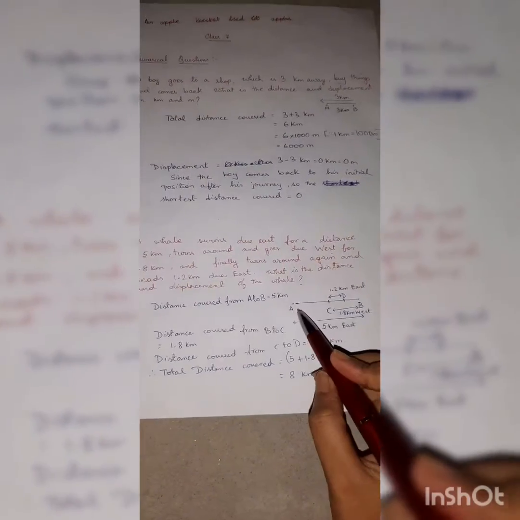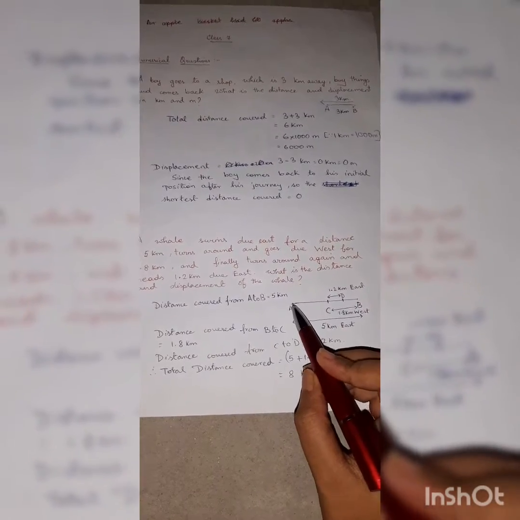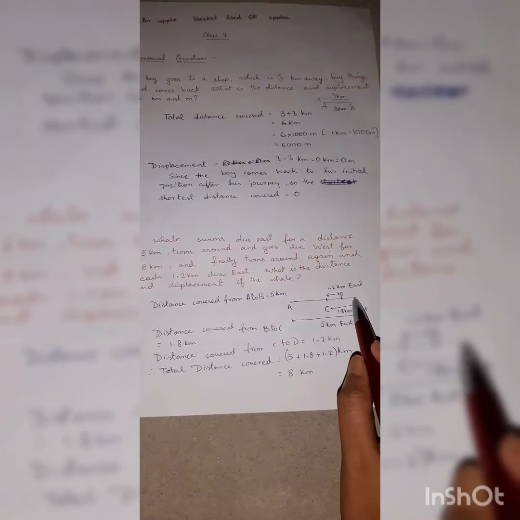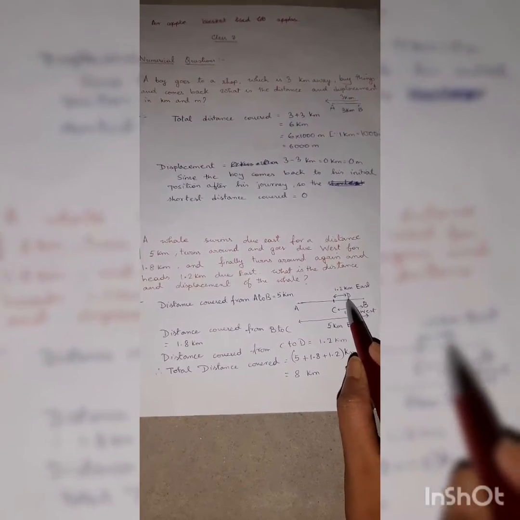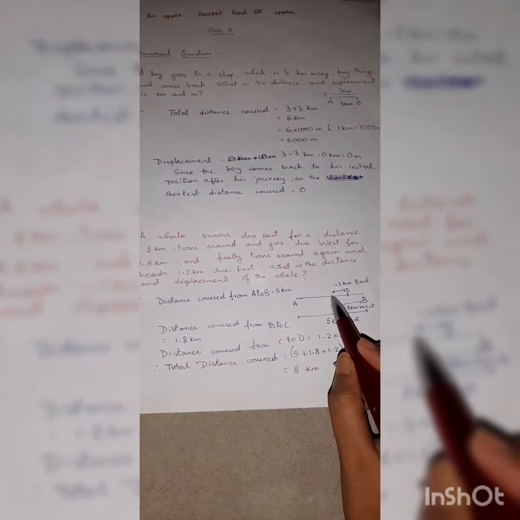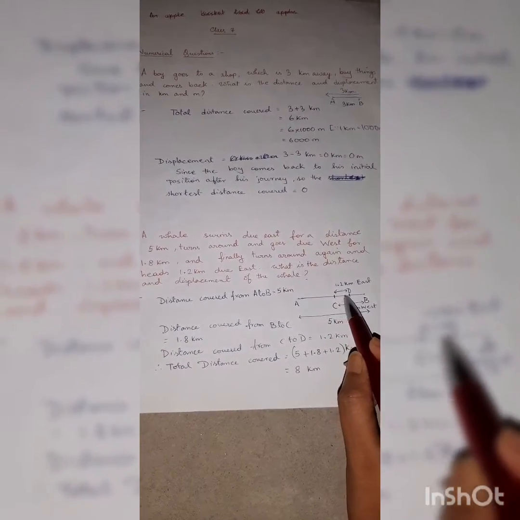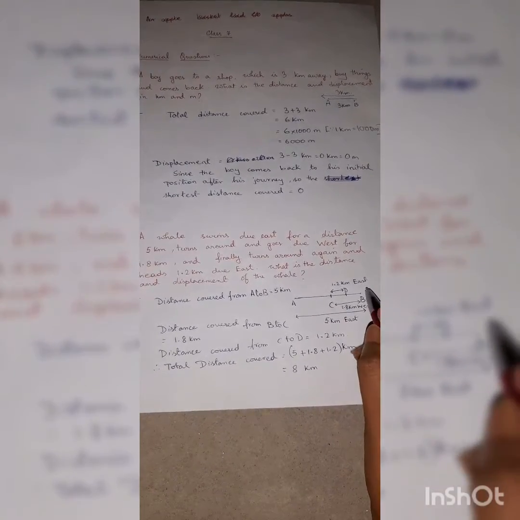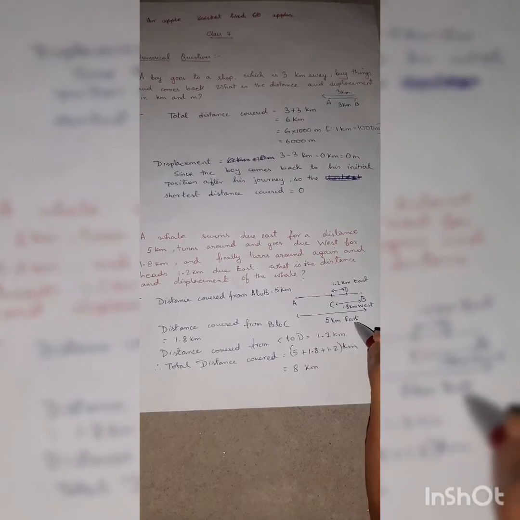Let us take the starting position of the whale as A. It goes 5 km due east to point B. Then from B, it goes 1.8 km west to point C. And then at the end, it goes 1.2 km east again to point D. See, I have drawn this as well as mentioned the directions.